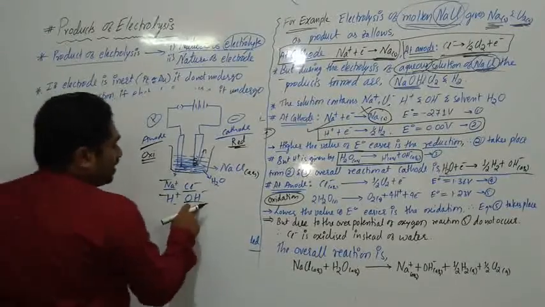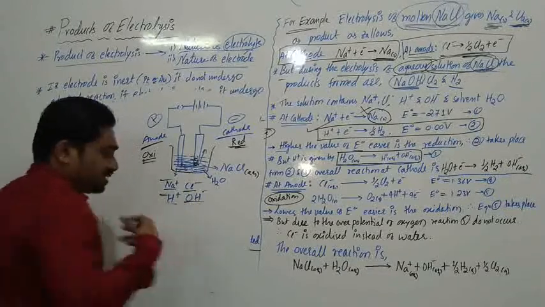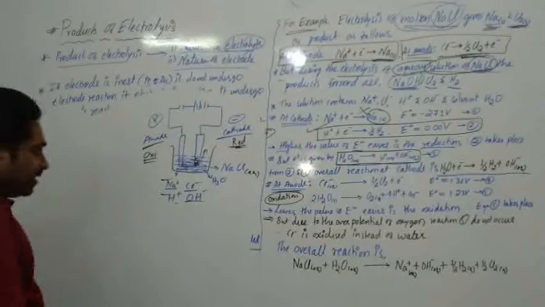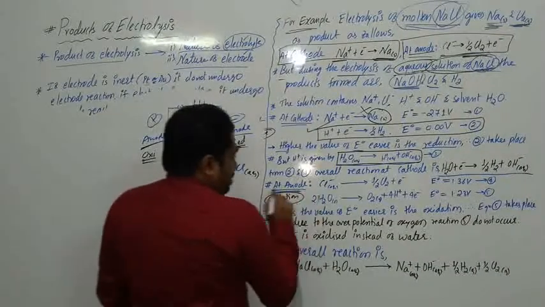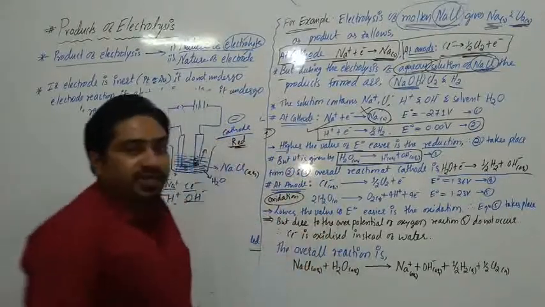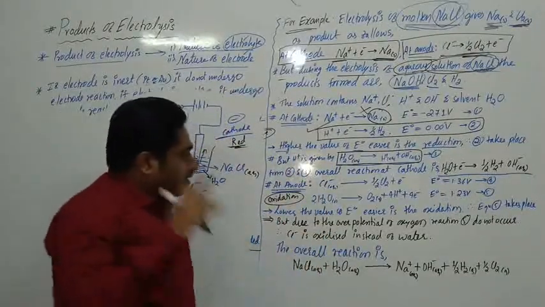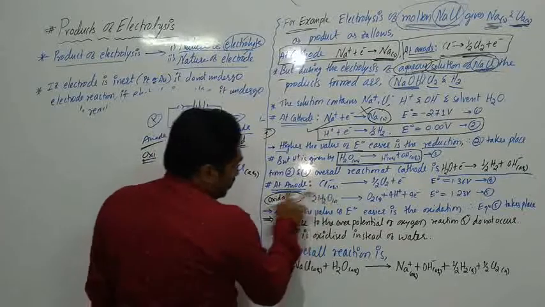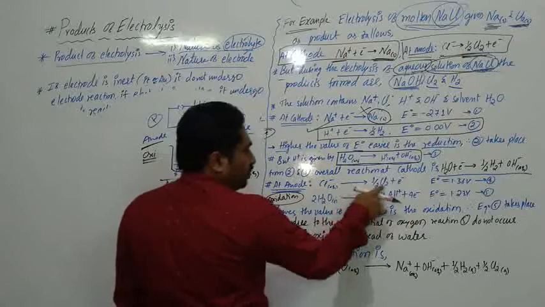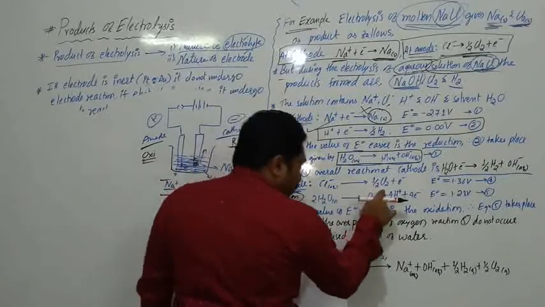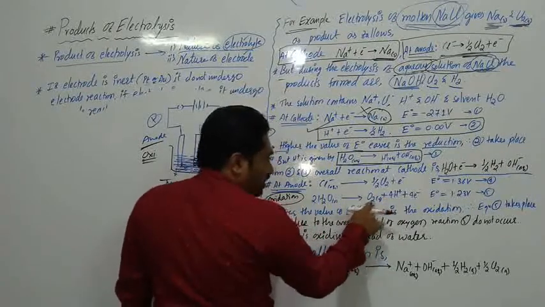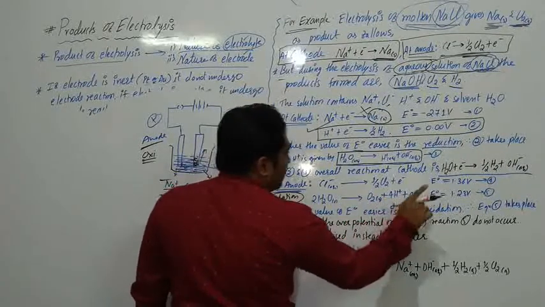Instead of OH minus we can directly take water, because OH minus is produced by water, isn't it? So at the surface of the anode there is a possibility of two reactions. The first is the oxidation of chloride ions to give chlorine, and the second is the oxidation of water to give oxygen, hydrogen ions and electrons.